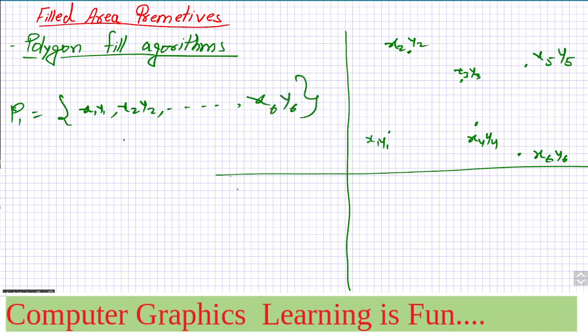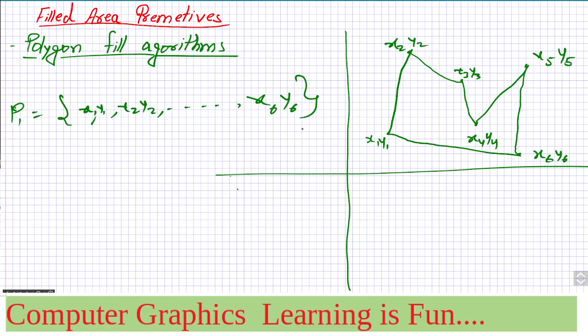Okay, so this is your polygon, which means starting from the first point you will connect the second, and so on you will connect all of them, and the last point will be connected to the first point. Okay, so in this way you will have your polygon.